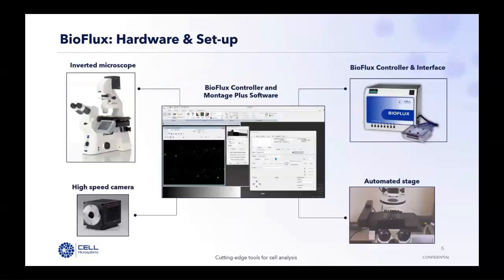The system includes the BioFlux controller, plate interface, and BioFlux plates, which deliver air pressure to drive shear flow, an inverted microscope with a high-speed camera for real-time imaging, and an automated stage with a well-plate adapter to support image acquisition at high throughput. All hardware components are controlled through the BioFlux and Montage Plus software, which streamline flow delivery, image acquisition, and data analysis.